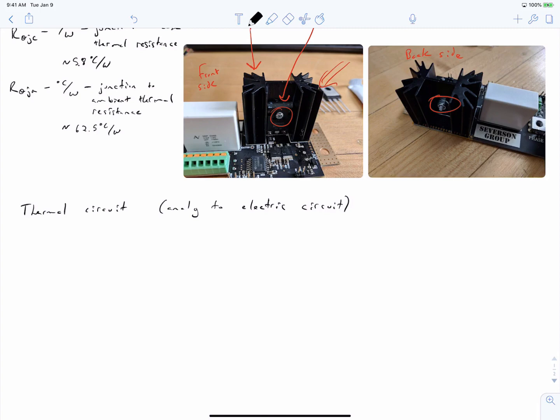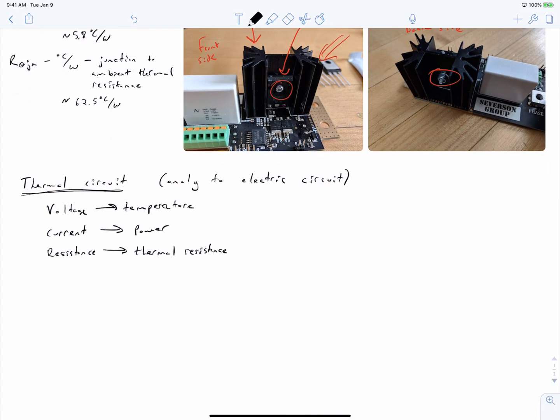But this is the common approach that's used in circuit design. So what we do is we convert voltages in our circuit into temperatures, we convert currents into power flows, and resistance is our thermal resistance values.